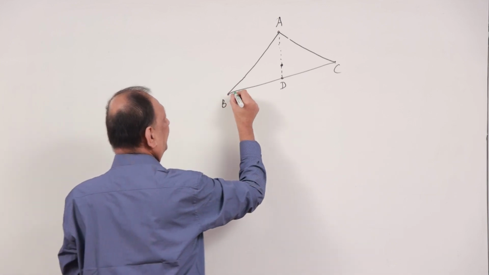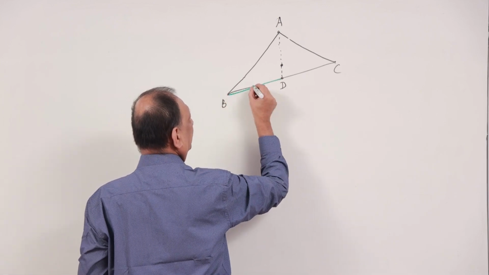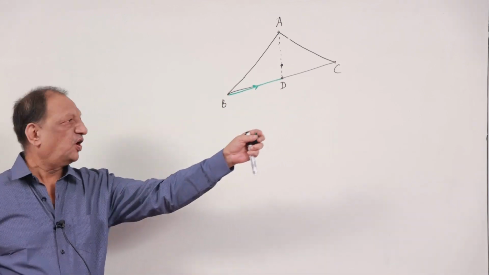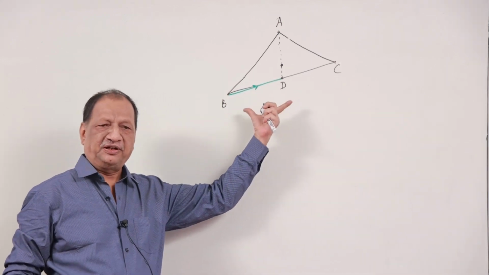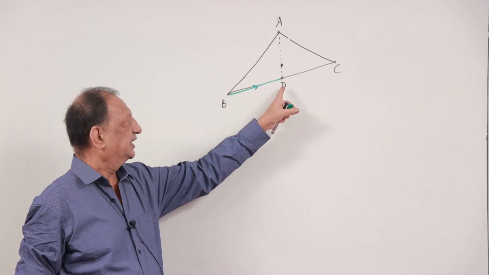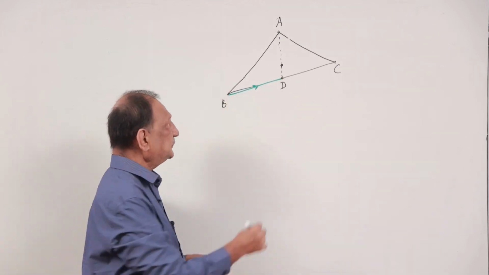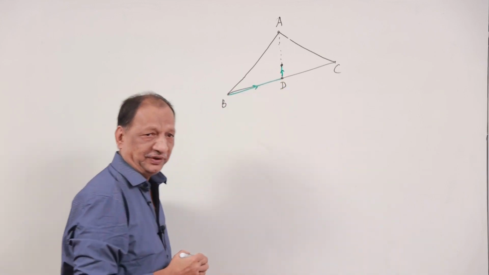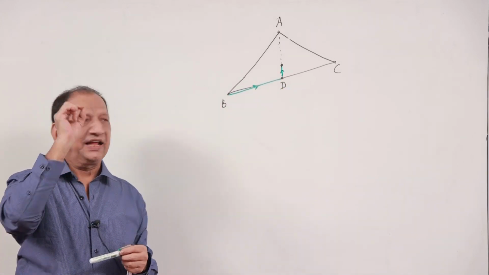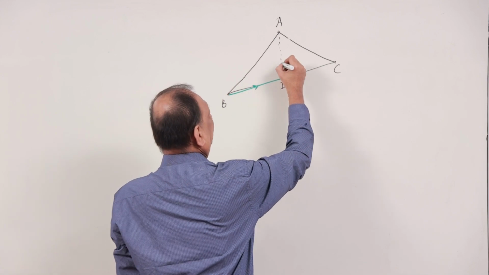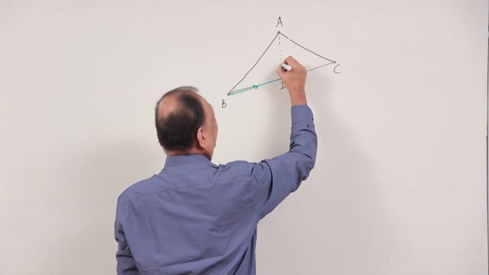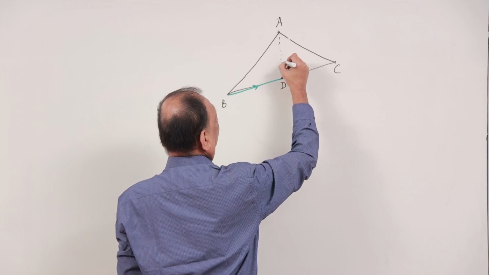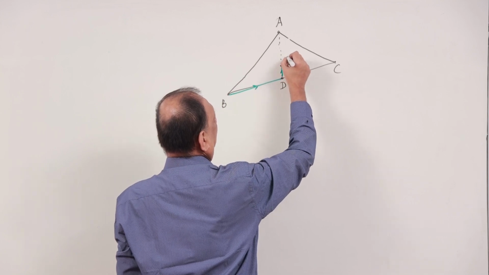First, I have to go from B to D. Towards C, I have to go half distance because I know that D is a bisector of BC now. And from D, I need to travel up towards A. This is what I do, correct? On the two lines. And I reach that point. You can call this point, what do you want to call it? G.